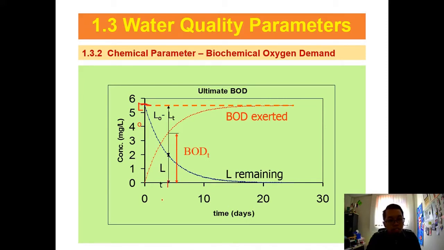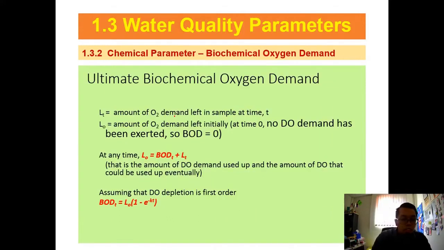For the 5 day, this is the value of BOD5. To compute the ultimate biochemical oxygen demand L0, at any time the ultimate oxygen demand L0 equals BODt plus Lt.